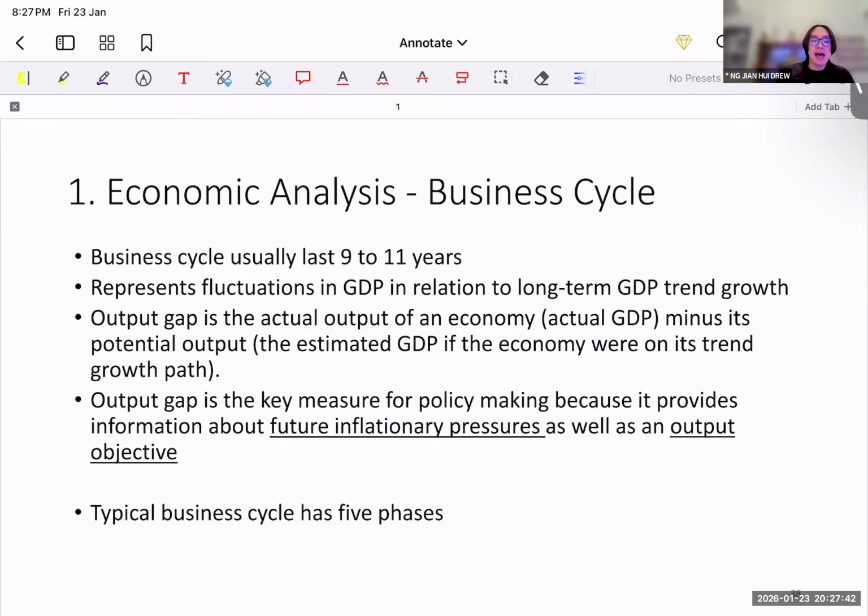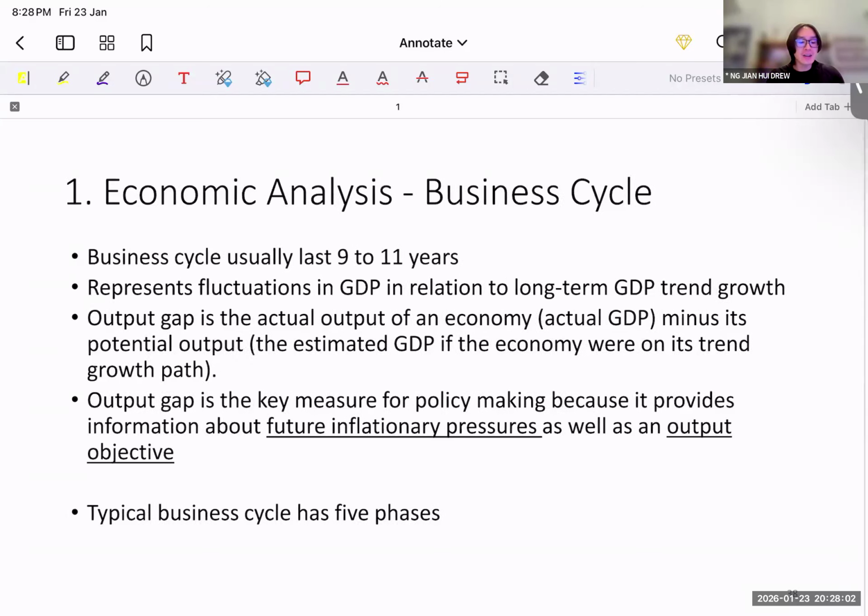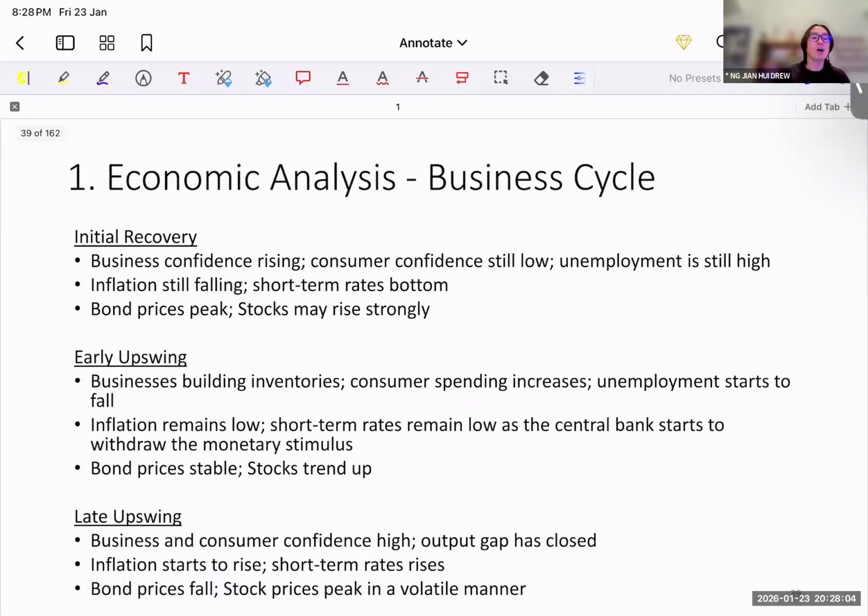And at different points of the business cycle, there are characteristics that dictate how the cycle will continue, correct? Things like inflation, things like interest rates. And we have five key phases of a business cycle to focus on.